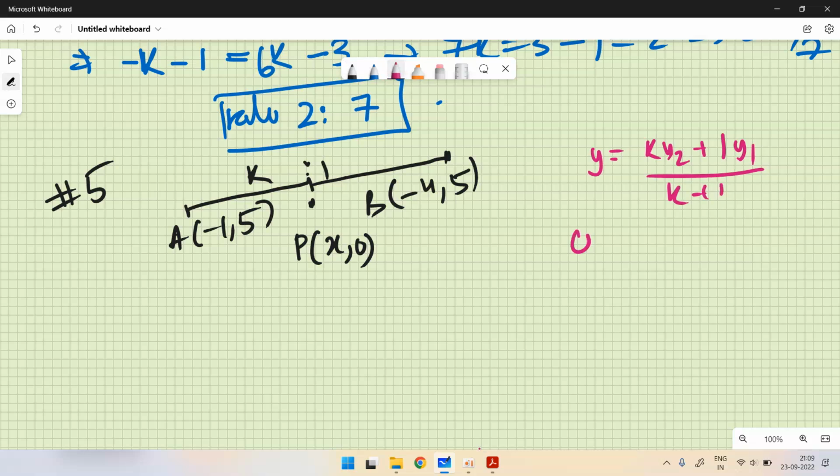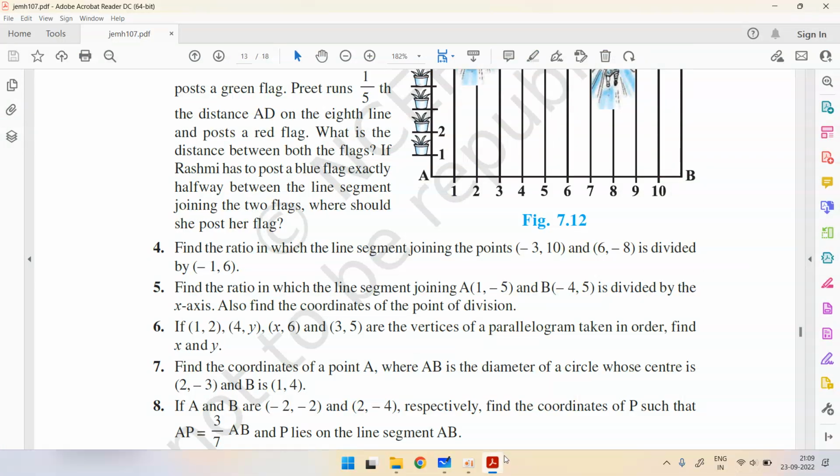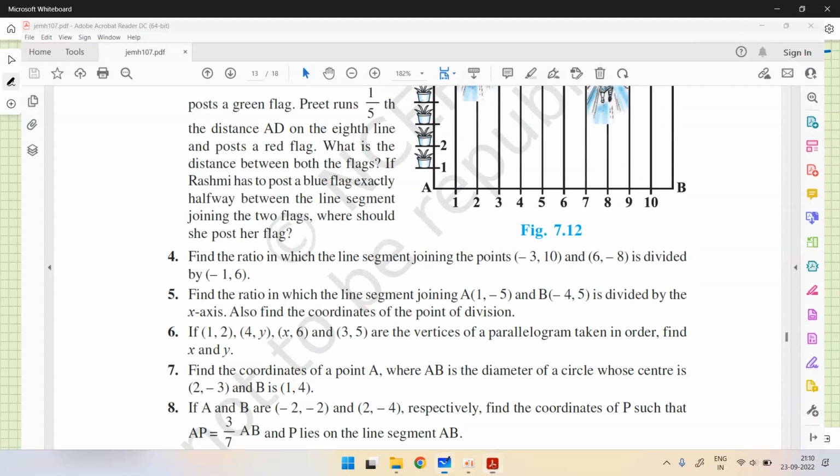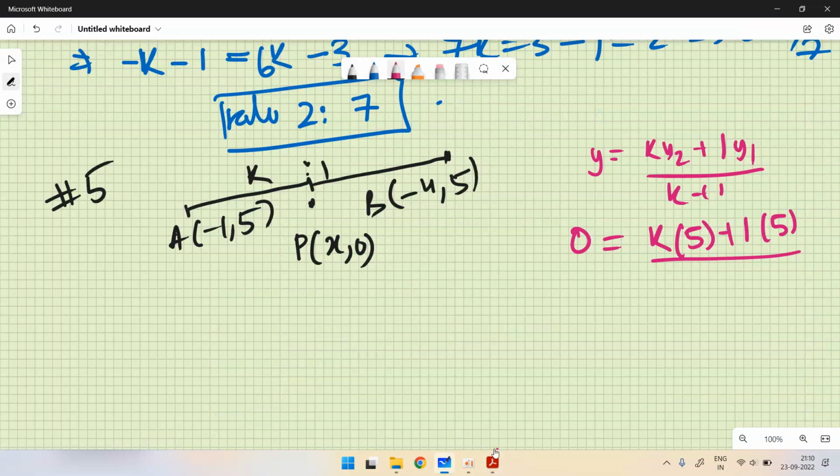Y is going to be 0. What is y2? y2 is 5, and y1 is also 5. So it is (1, -5) minus 4, 5 minus 5, so this is minus 5.